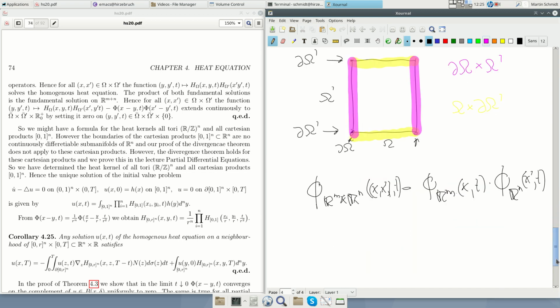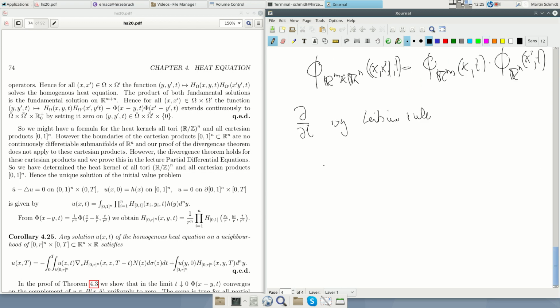Yeah, and if we apply the Laplacian, if we apply the derivative d by dt by the Leibniz rule, we get first this derivative times this, and then vice versa.